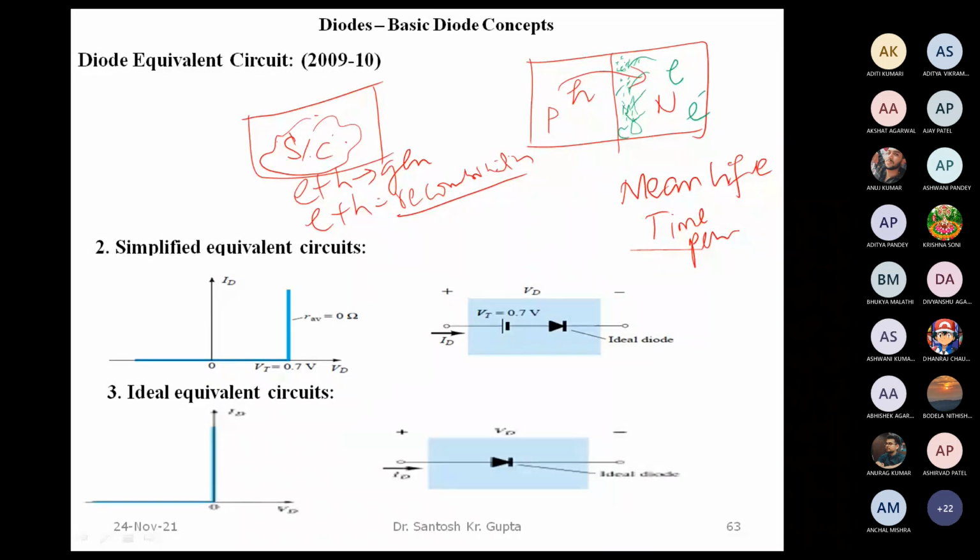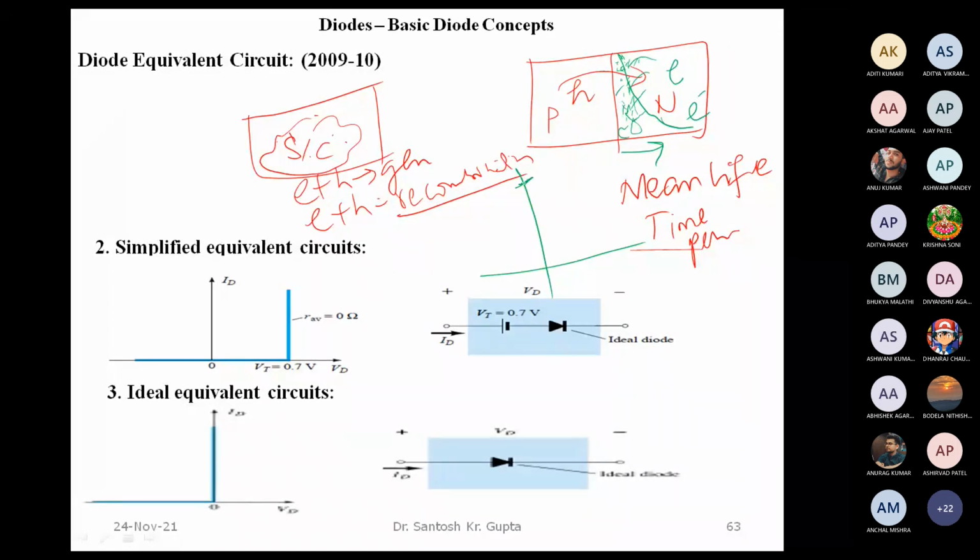So this is what we see. Statistically speaking, there will be some time taken for the holes to disappear. Because of this, the concentration of these holes, as we go away from this junction to the right side in the n type material, is going to decay. That's what we have seen in one of the graphs.